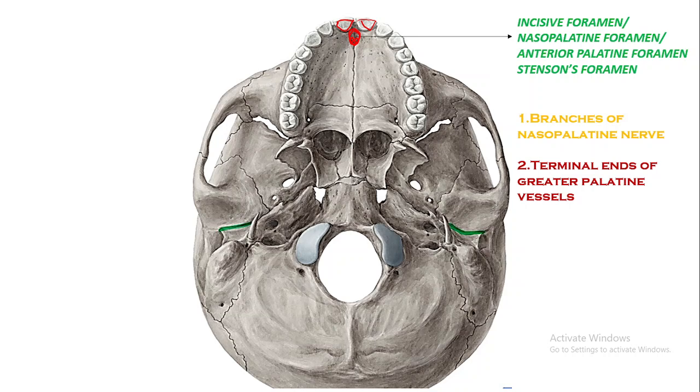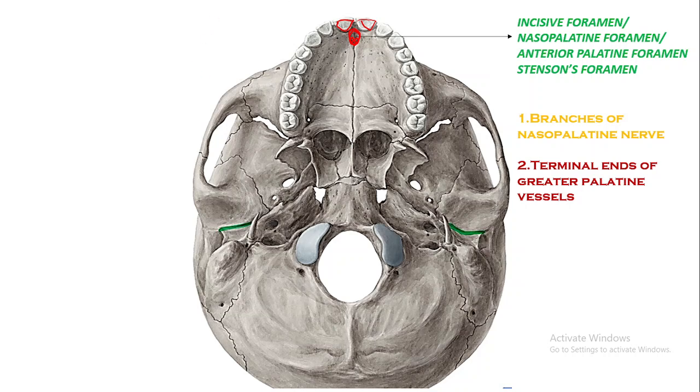It is present in the anterior maxilla behind the central incisor teeth, oval or heart shaped. It can be developed in nasopalatine foramen, and lastly it is the site for local anesthesia. So whenever there is any surgical procedure which has to be done in the anterior maxilla, the nasopalatine nerve block is given.